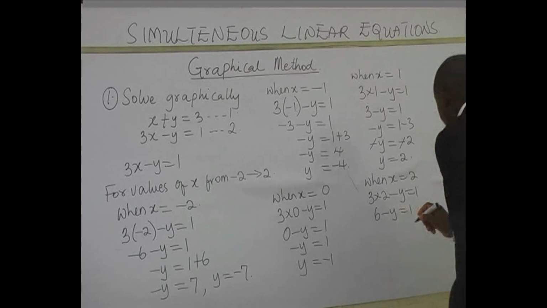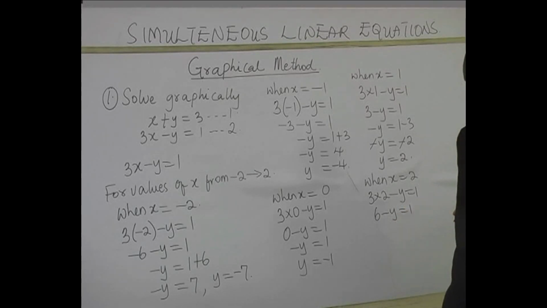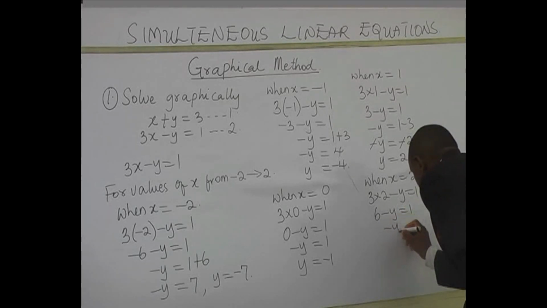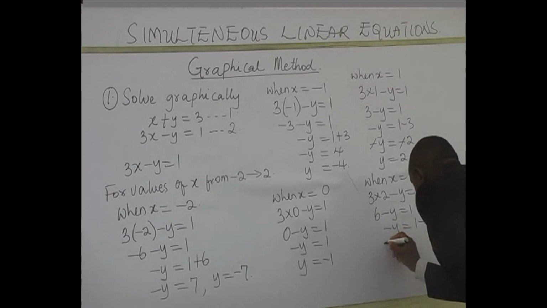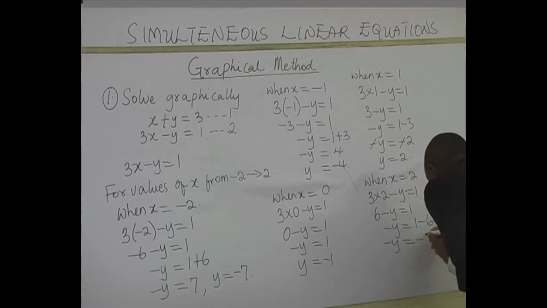So we are going to have minus y is equal to 1 minus 6. And 1 minus 6 will give you minus 5. You can cancel this, cancel this. That means y is equal to 5.